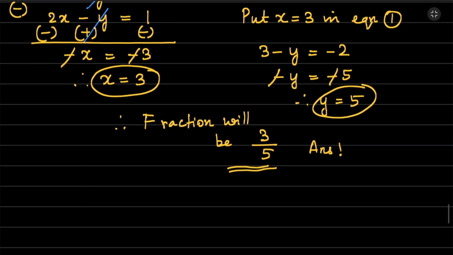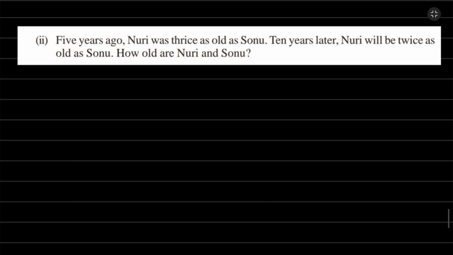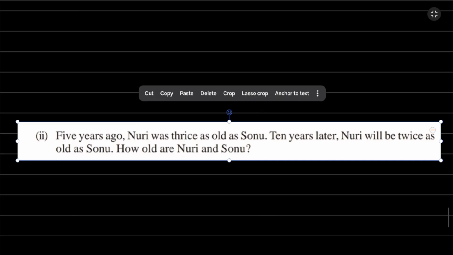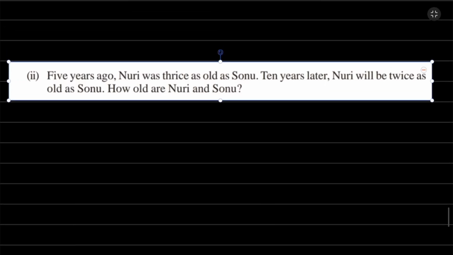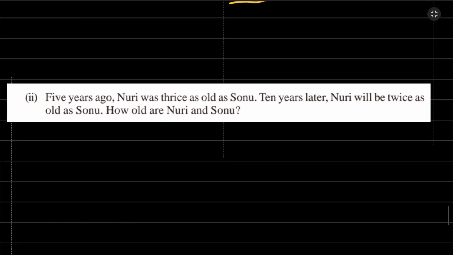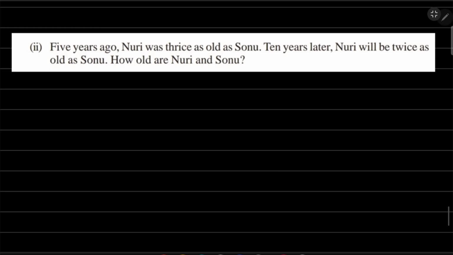Let's move on to the next question. 5 years ago, Noori was thrice as old as Sonu. 10 years later, Noori will be twice as old as Sonu. How old are Noori and Sonu? Again, a very good question, an age related question. So now let me write both of these persons' names.